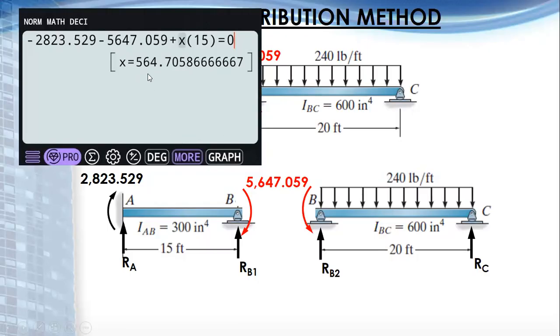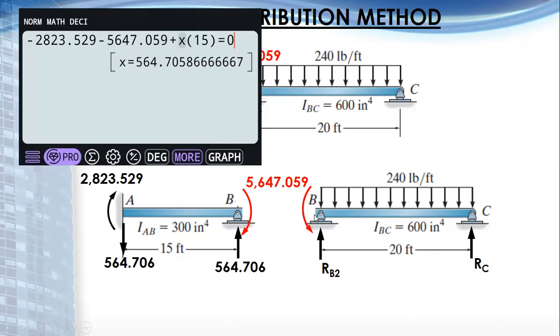The value of the reaction at B is 564.706. And considering beam AB, there is no other vertical force. Therefore, the value of RA should be downward para i-counter ang RB1. So this must be downward. Same value. 564.706.